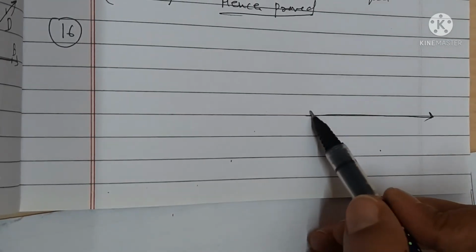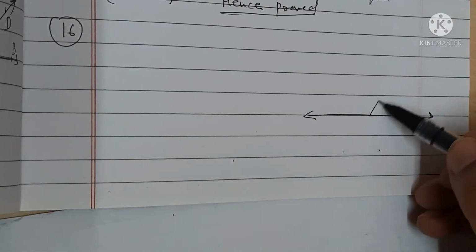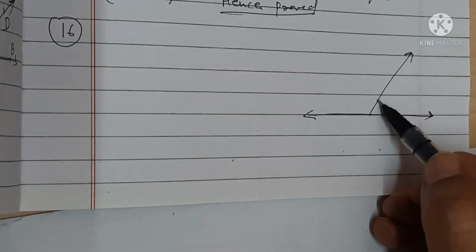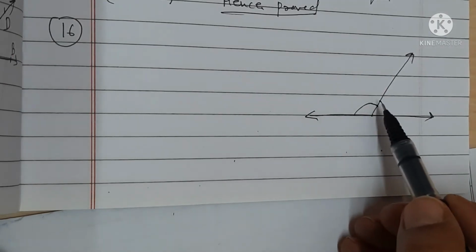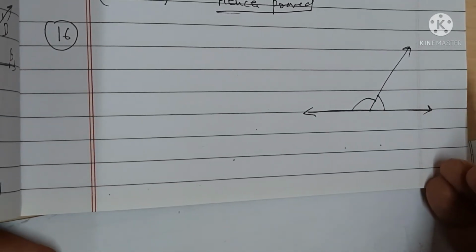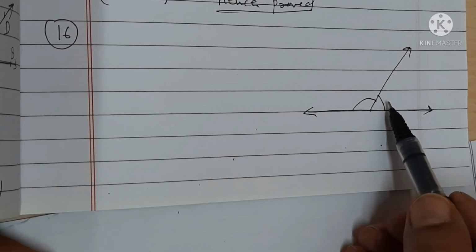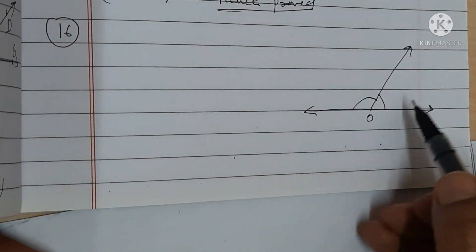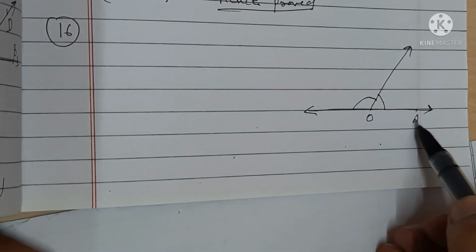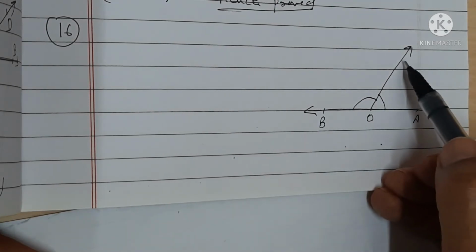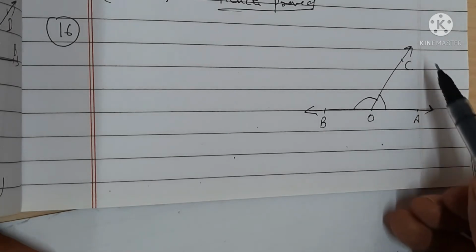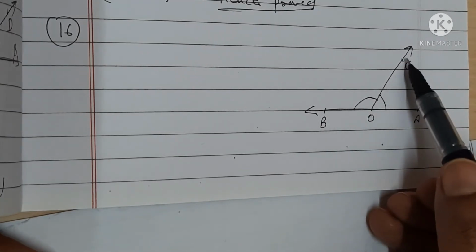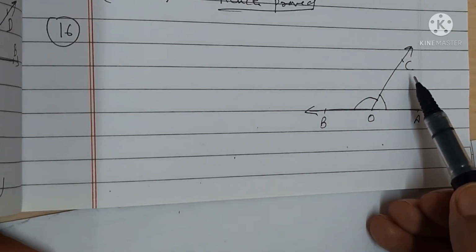So suppose two adjacent angles, and the sum of these two angles will be 180 degrees. It means these angles lie on a straight line. Give the name O, here A, this is B, this is C. The sum of angle AOC plus angle BOC is equal to 180 degrees.